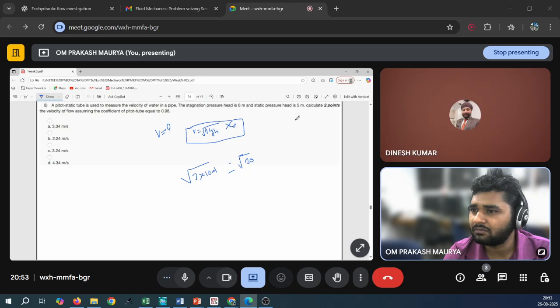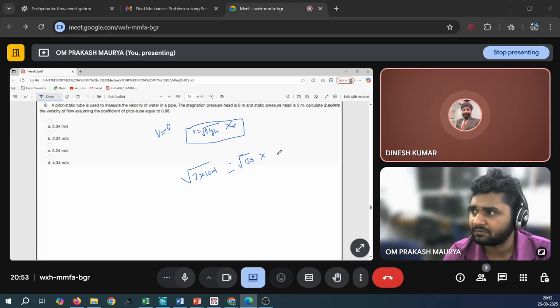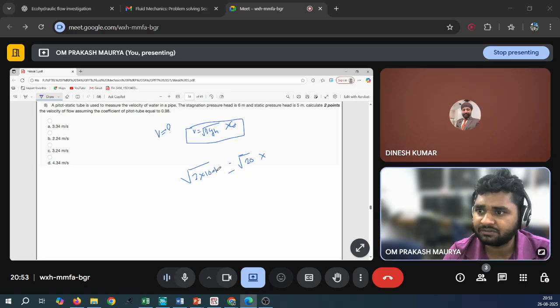Sir, h is 1 meter only, because stagnation pressure minus static is 1 meter, and g is 9.81, and the coefficient is also given. But the velocity formula you had written was under root 2 g h.